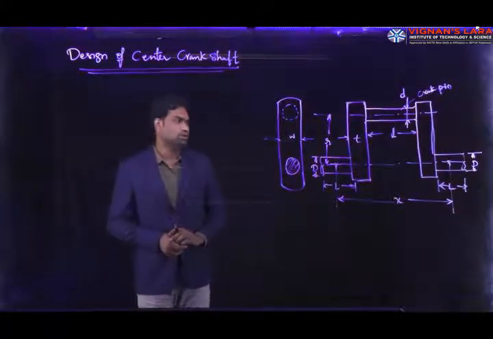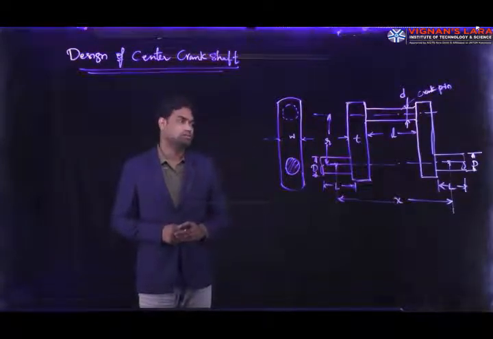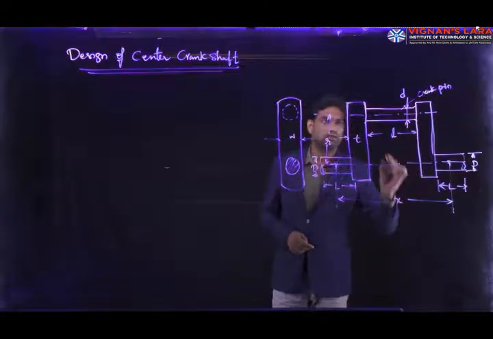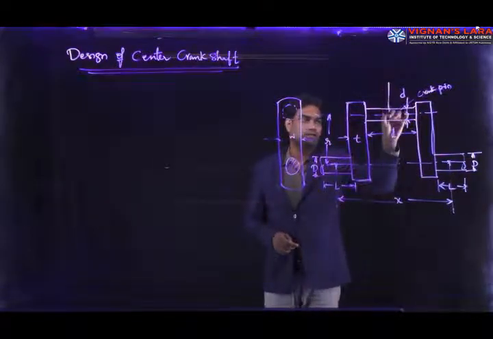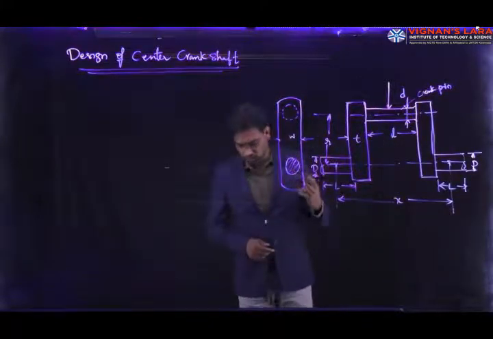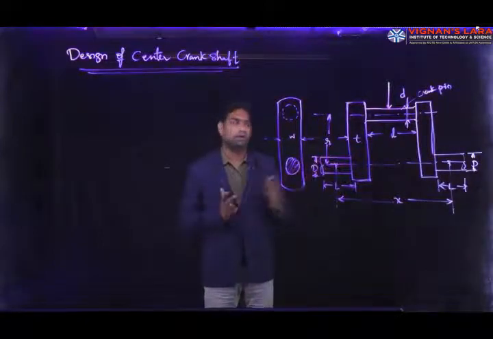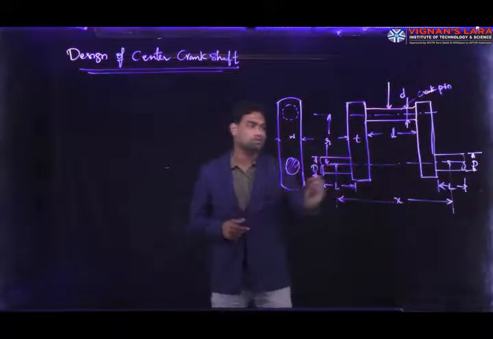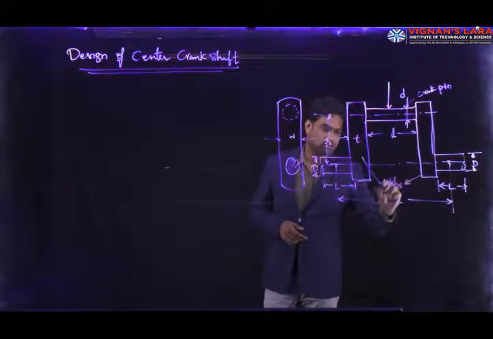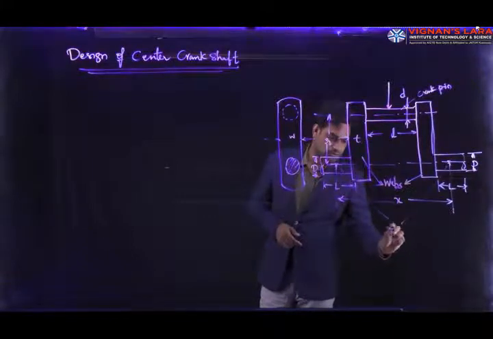In the design of the center crankshaft, if you observe clearly, the support is located at the main journals. Whatever load acts on the crankshaft from the connecting rod is equally distributed among the two webs as well as the journals.